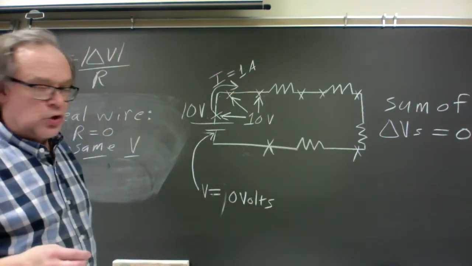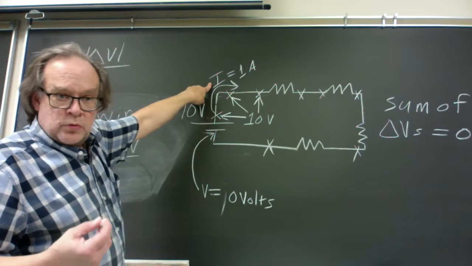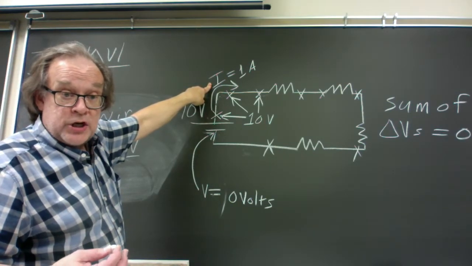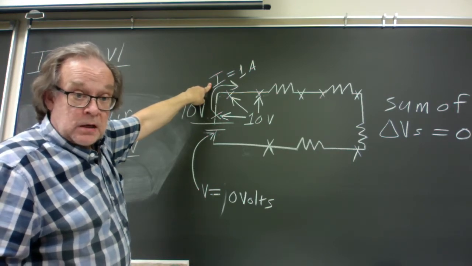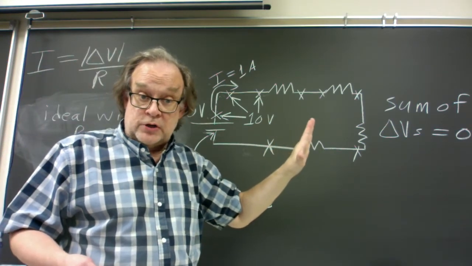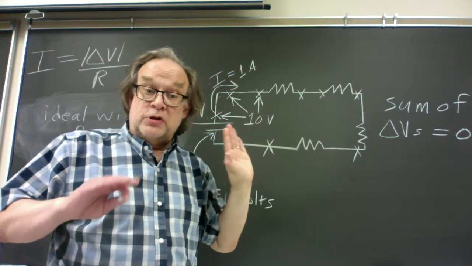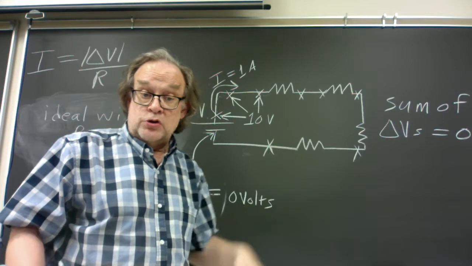Now, let's think about the current. Whenever we use the symbol I, we're talking about conventional current. That means we're imagining positive charge flowing. And positive charge is pushed in the direction of an electric force, or in the direction of an electric field. And electric field always points from higher towards lower potential.